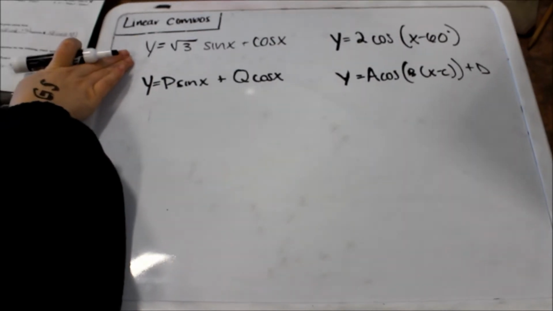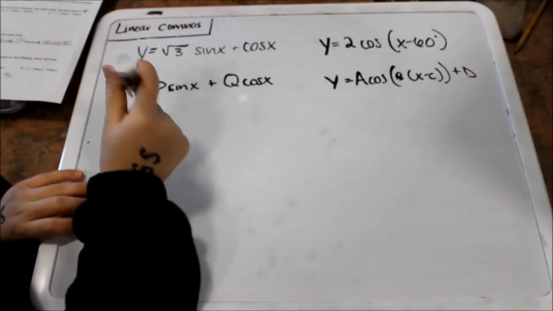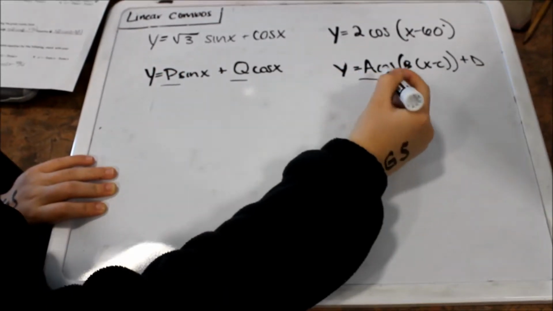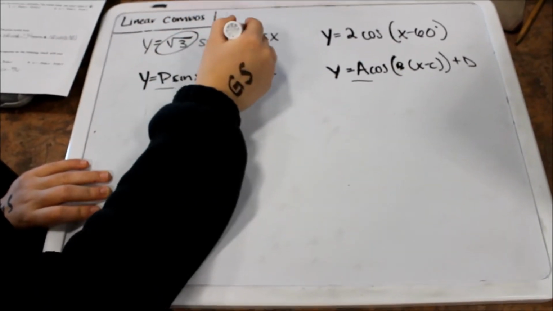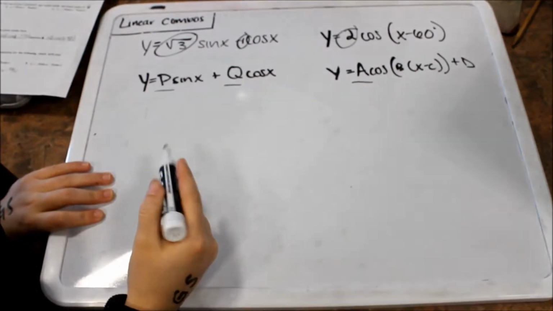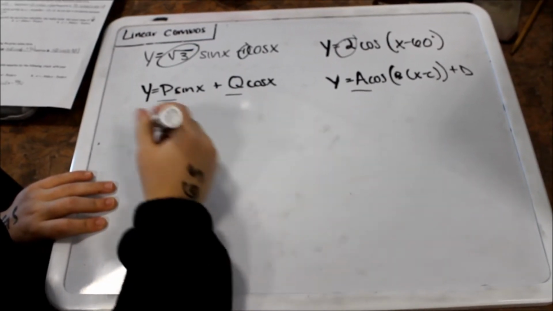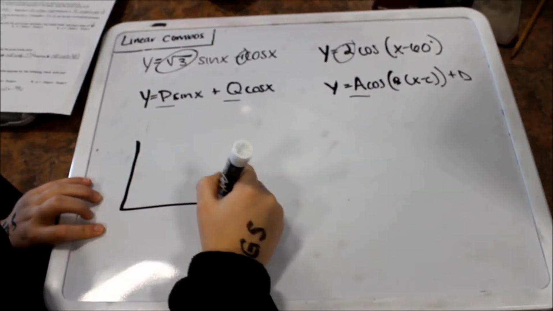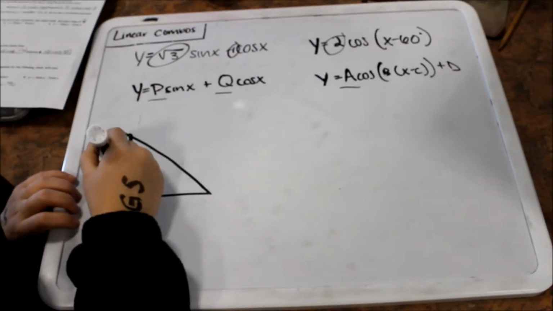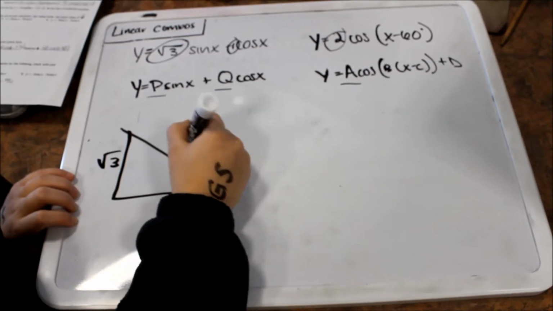We started with this equation, and we know it can be written like that. Do we see a correlation between P, Q, and A, between square root of 3, 1, and 2? Well, it's basically the Pythagorean theorem. If we had a right triangle with legs square root of 3 and 1, then the hypotenuse would be 2.